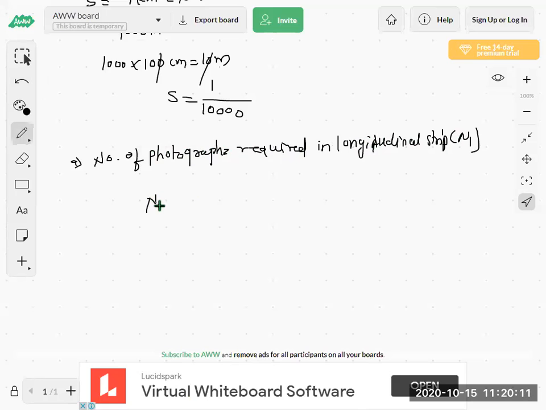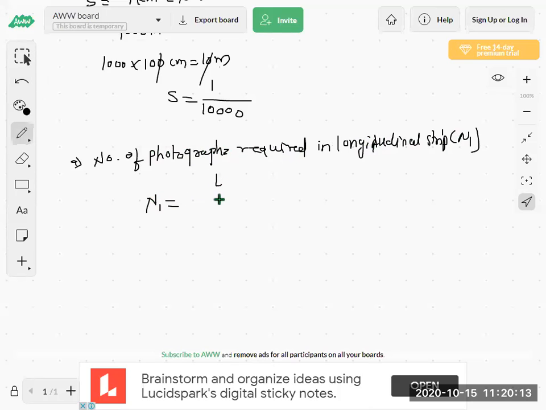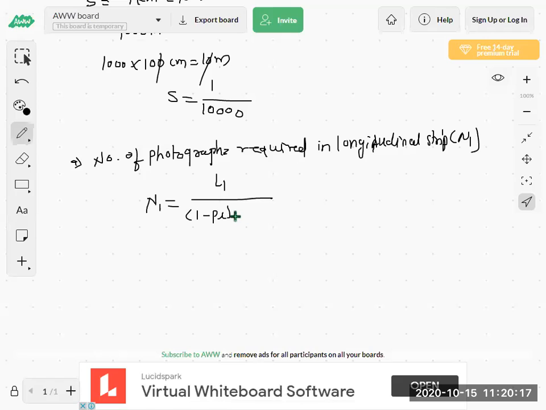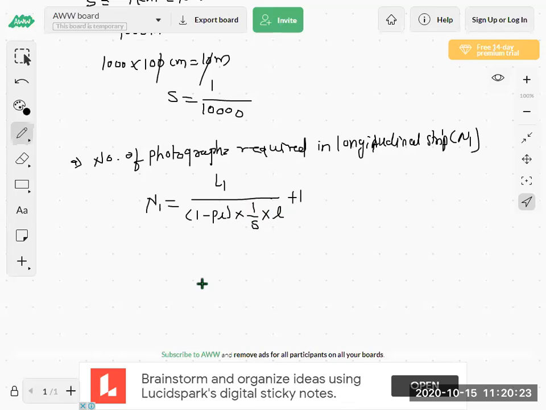For N1, what is the formula? N1 is equal to L1 divided by (1 minus PL) into (1 upon S) into L, plus 1. So this is the formula for the number of photographs required in the longitudinal strip, that is N1.